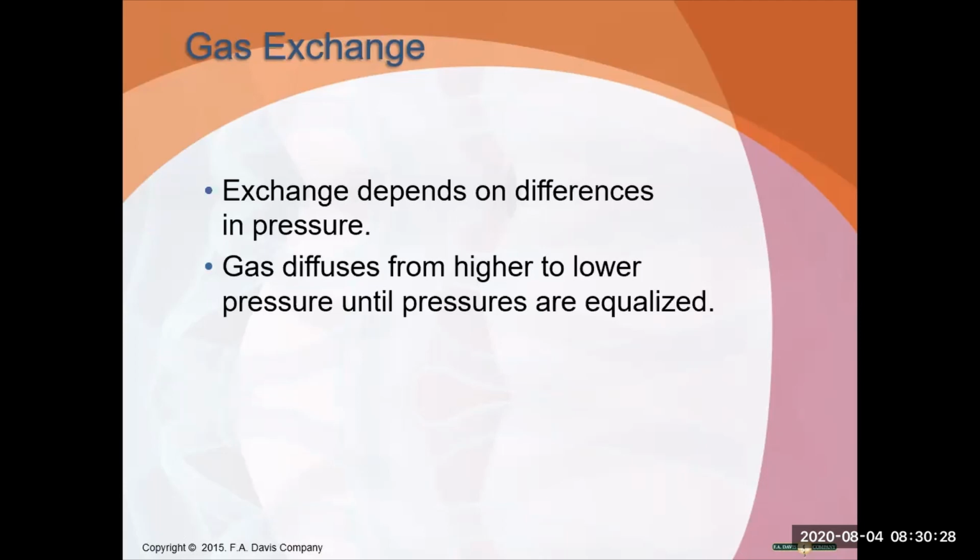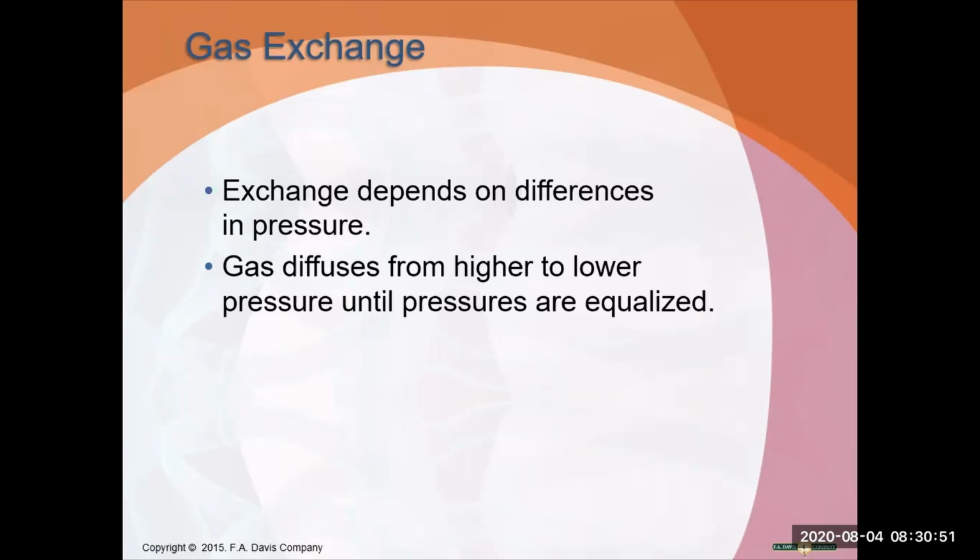Dyspnea is labored or difficult breathing. Eupnea is relaxed, quiet breathing. Hyperventilation is increased rate of respirations resulting in lowered blood levels of carbon dioxide, and it often results from anxiety.